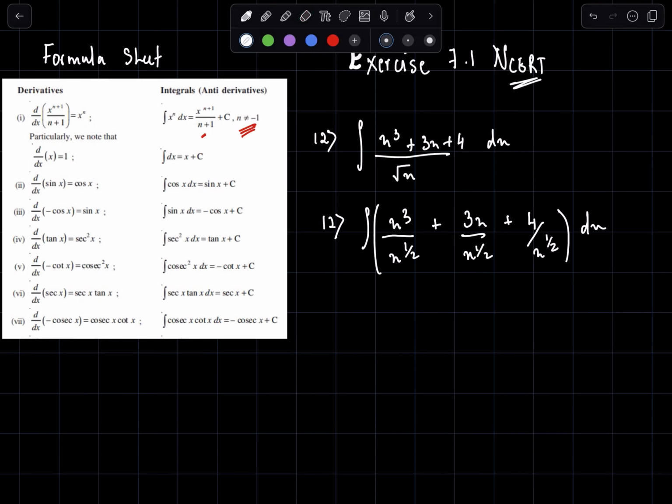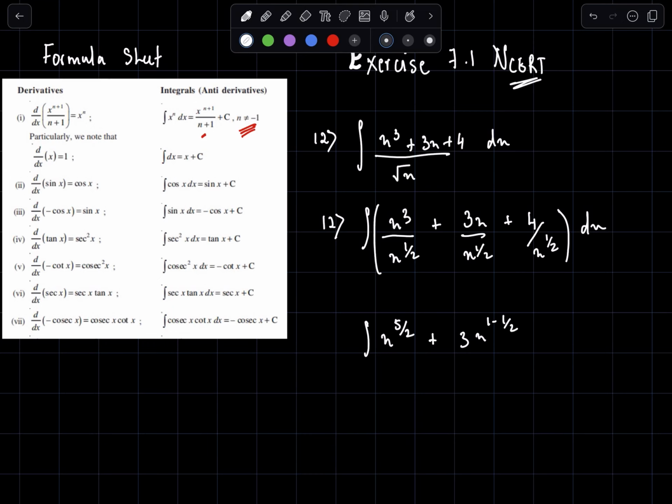So this would be the integral of x to the power 3 minus half. You subtract these two, and that results in 5 over 2. Plus 3x to the power 1 minus half.